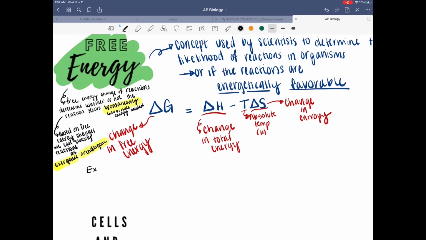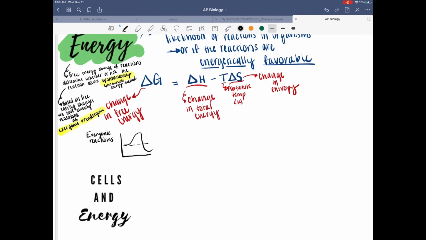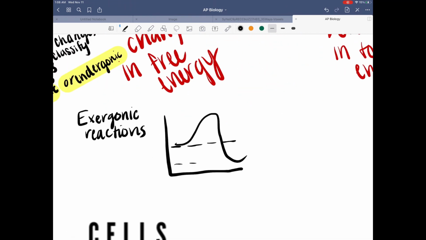So our exergonic reactions are reactions that release energy. Think of the "exer" in the word and think exit. So energy will be exiting. We are releasing energy. In these reactions, the energy of our reactants is going to be higher than the energy of our products.